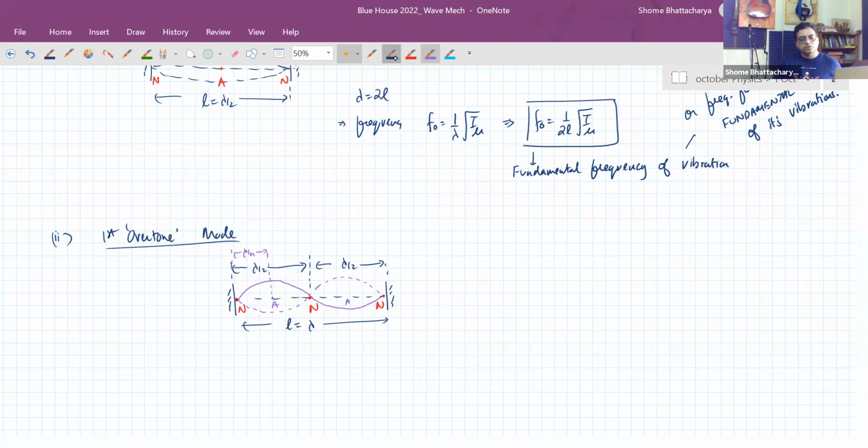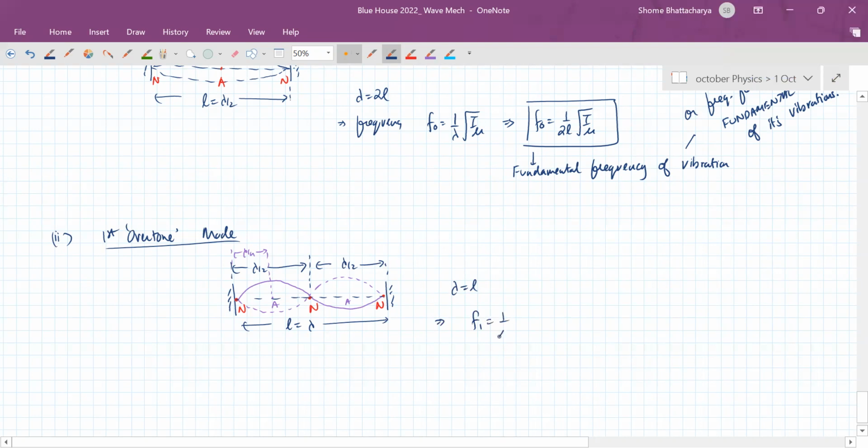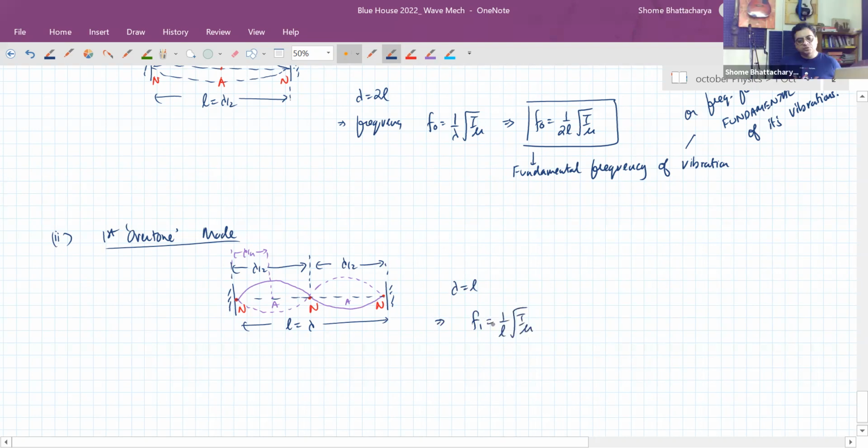Okay. So for the first overtone mode, lambda is equal to L. That means the frequency of the first overtone, which we label as f1, becomes 1 by L square root T by mu. So we also have this formula that the frequency of the first overtone is 2 times the fundamental.